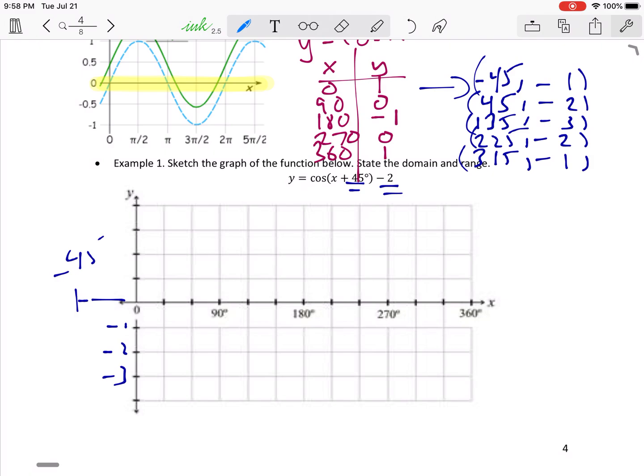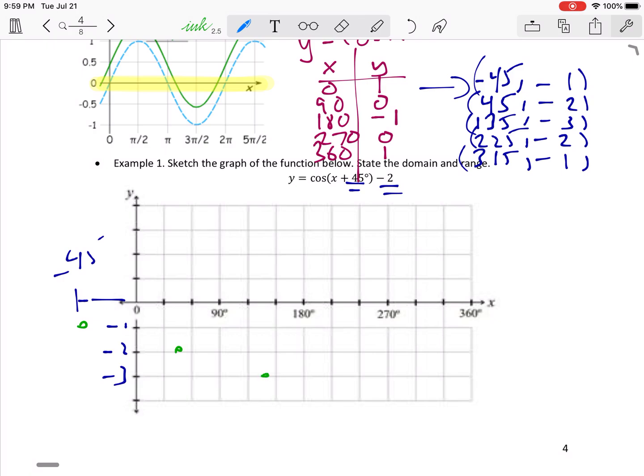Okay, so -45 is going to be -1, and then the 45 positive is going to be -2, so that's halfway between 0 and 90. And then we've got 135 is going to be -3.